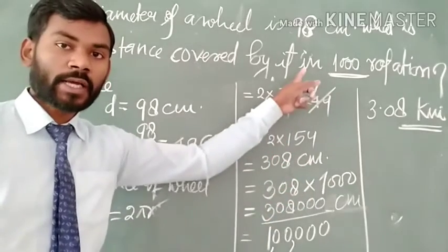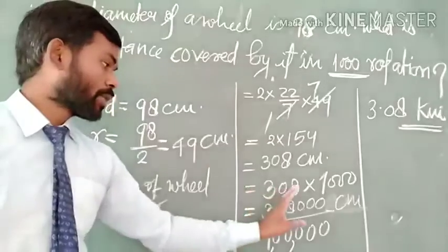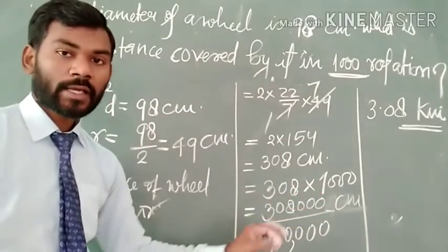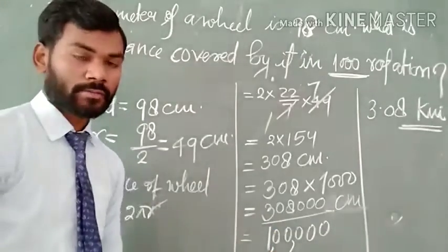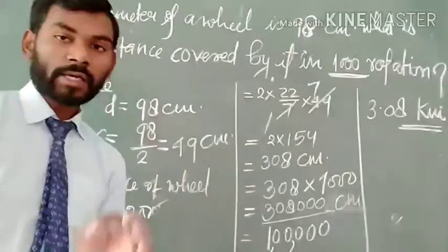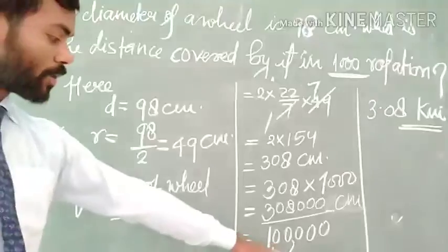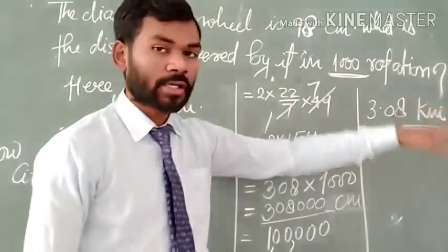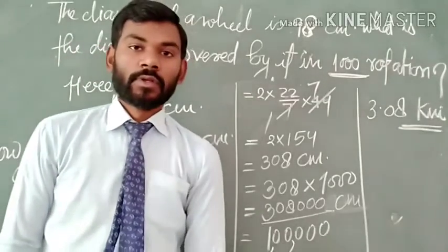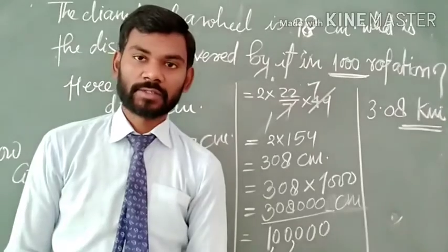Since we need the distance covered in 1000 rotations, we multiply it by 1000 and get 3,08,000 centimeter. Since 1 kilometer is 1 lakh centimeter, we divide by 1 lakh to convert it into kilometer. Therefore 3.08 kilometer is the right answer.